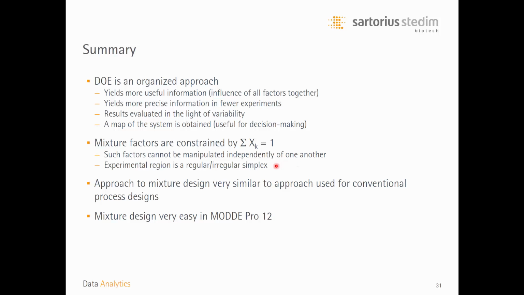The experimental region can either be a regular or irregular simplex, depending on how the restrictions or the bounds of the different formulation factors are specified. Apart from that difference with regards to the shape and geometry of the experimental design, or the experimental region, I should say, the approach to mixture design is very similar to the approach used for conventional process designs.